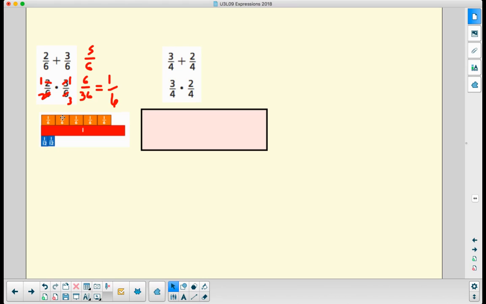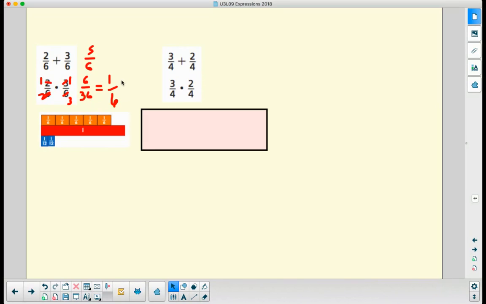Now, as I look at this in diagram form, 1/2 plus 3/6, 1/2 is 3/6, give me 6/6. But 2/6 of 3/6 is 2/12ths.